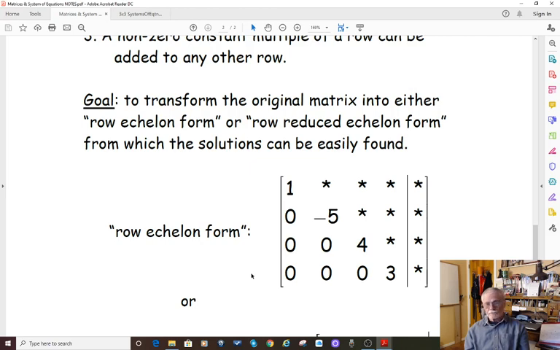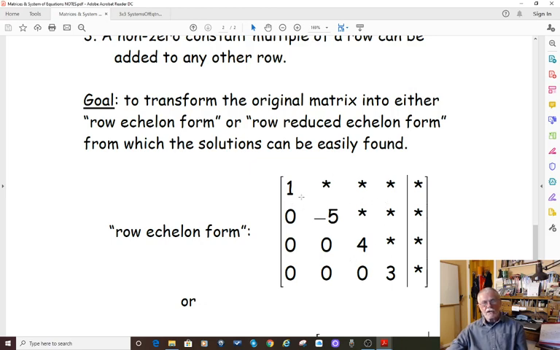Okay, goal. The goal here is to transform the original matrix into row echelon form. Echelon is like an array of soldiers. Row echelon form or row reduced echelon form. I'll explain the difference. It's kind of easy. Here's row echelon form.